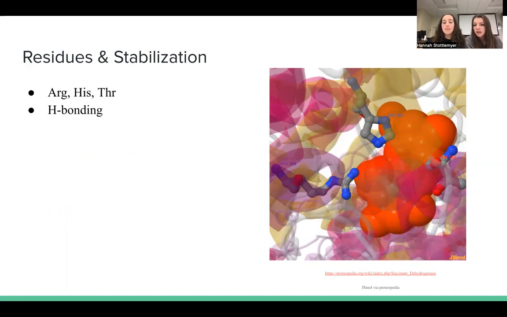So we can see here that they are arginine, histidine, and threonine, which, like I said, help with hydrogen bonding. They form hydrogen bonds that allow for the substrate to be stabilized. And also, as with any tertiary structure, there are hydrophobic interactions and electrostatic interactions that help stabilize the structure.